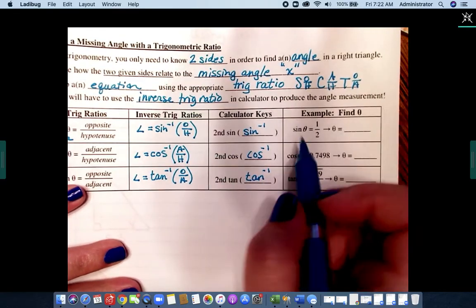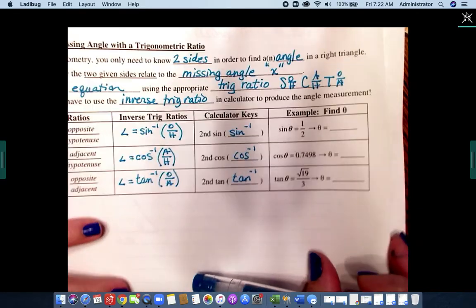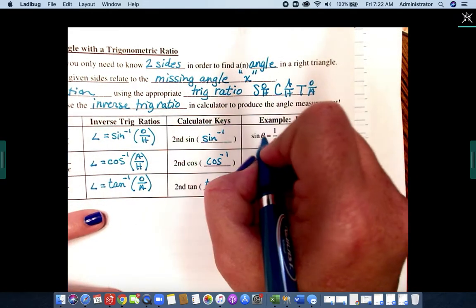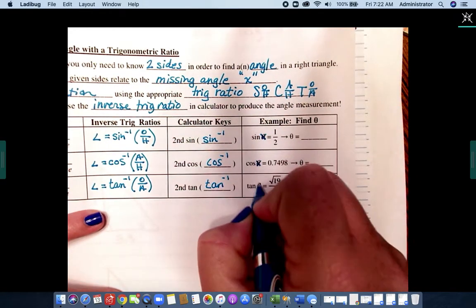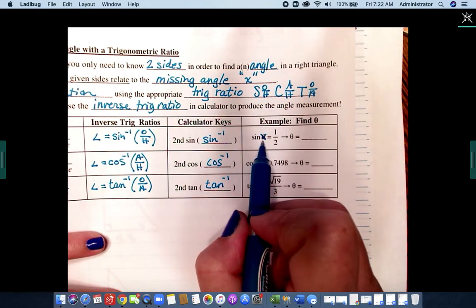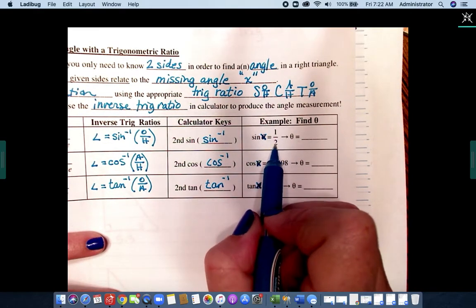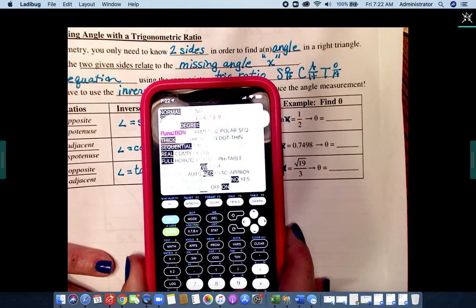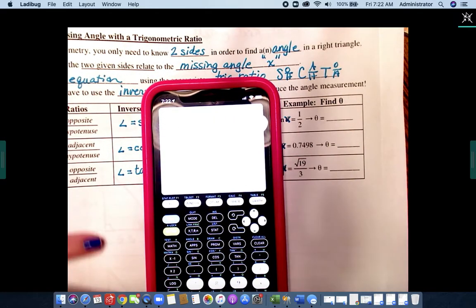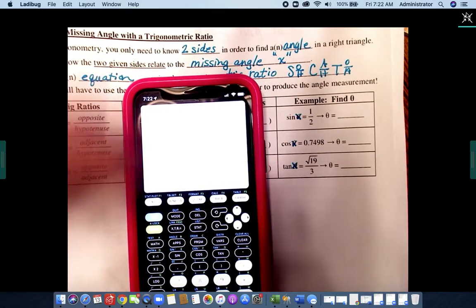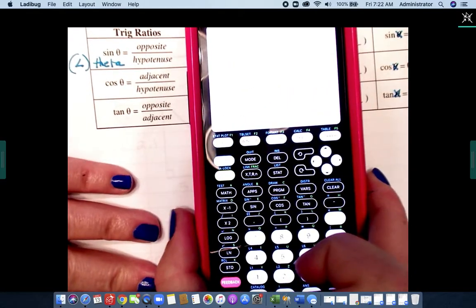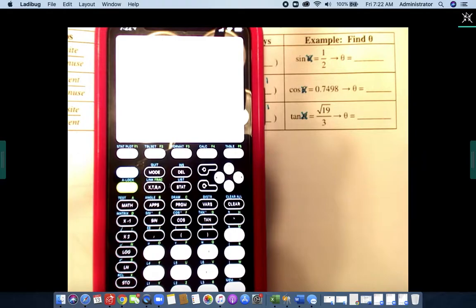So, for example, let's say we were to set up a ratio, and like I told you, we were going to use x here. So say we're trying to find the sine of x. So sine of x, and we set it up, and the opposite over hypotenuse is 1 over 2. Then what we are going to do is on our calculator, I'm going to try to make it where you can see both my calculator, my steps, and what I'm writing on paper. Move this over, sorry.